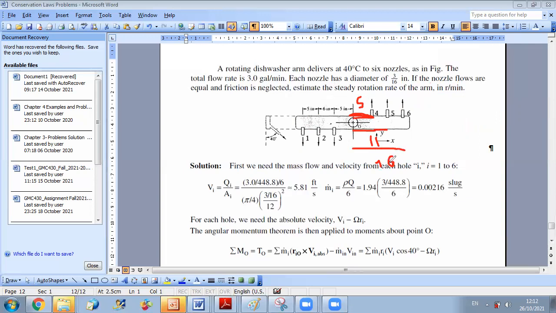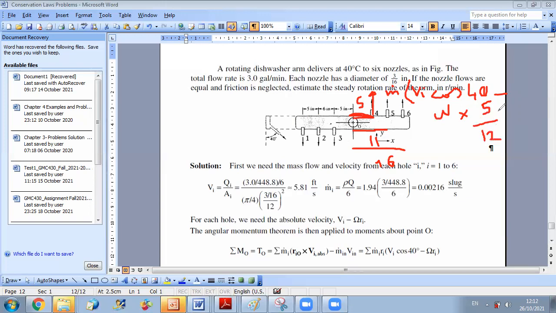Okay, so you can do this problem in several ways. You can take each one, and for example, you take this m dot, you say it's m dot VI cosine 40 minus omega times RI for this part here, 5 over, because it's in inch, I should convert to feet, so times 5 over 12.